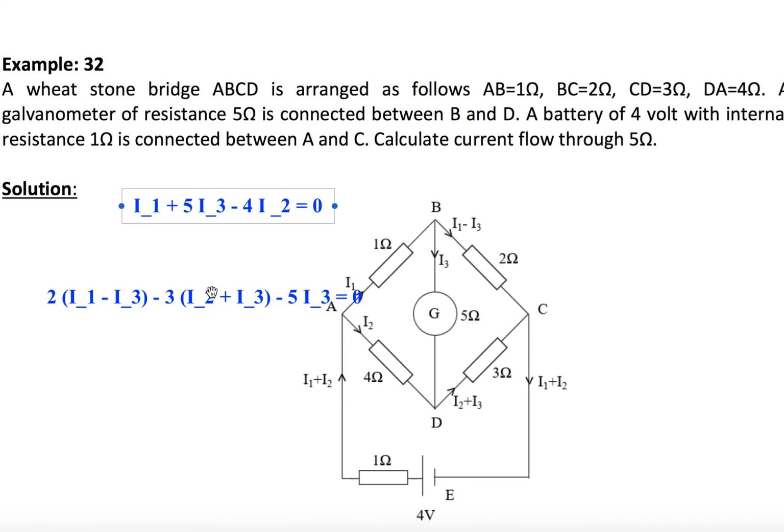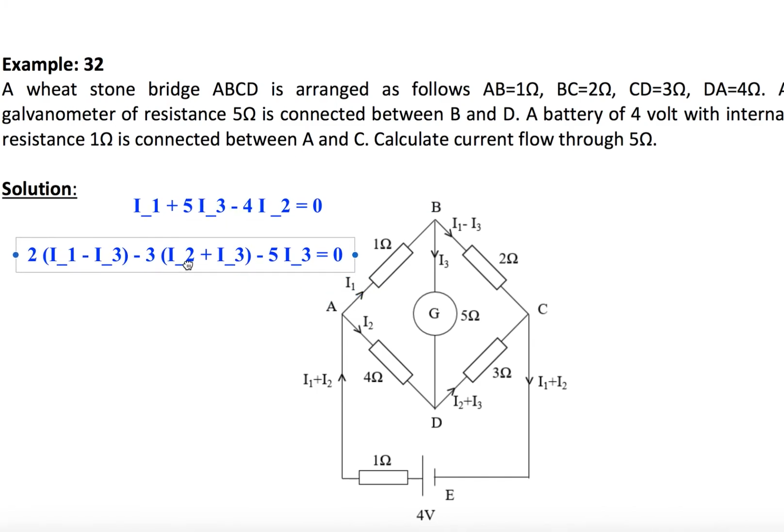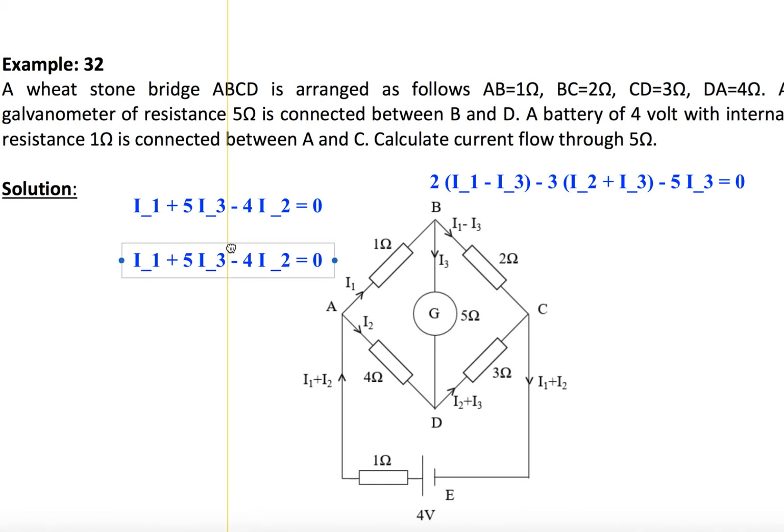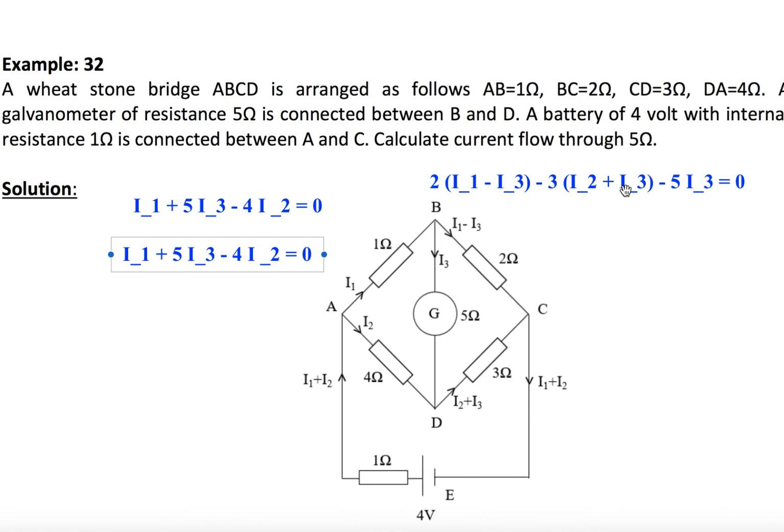So this is equation 1. Equation 2 has to be formed from this. What is equation 2 then? 2I1, yes, 2I1. What about I2? Minus 3I2. Minus 3I2. What about I3?